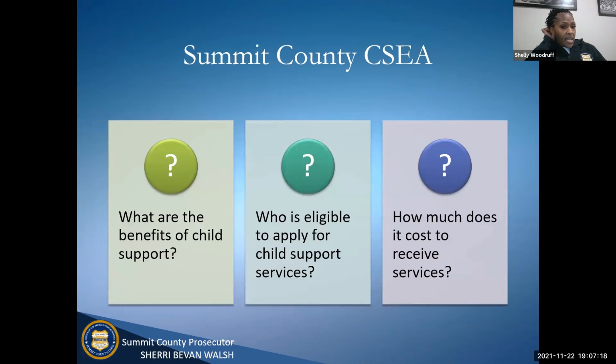So what are the benefits of the Summit County Child Support Enforcement Agency? With child support, we are obligated to establish paternity of parents that are not married, and we are responsible for establishing and enforcing a child support order.